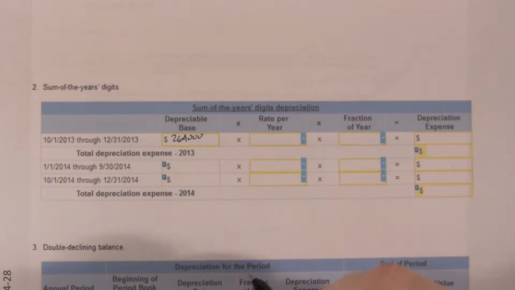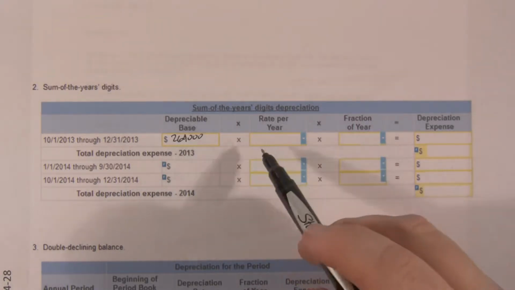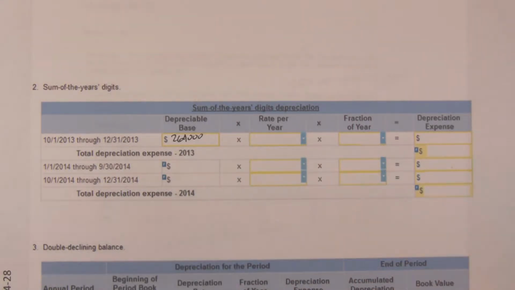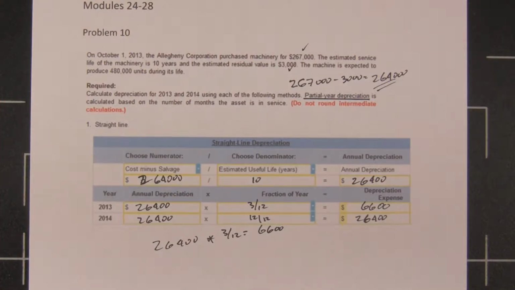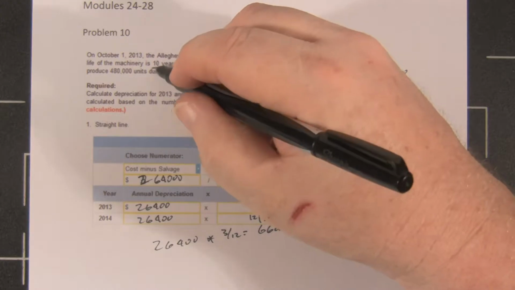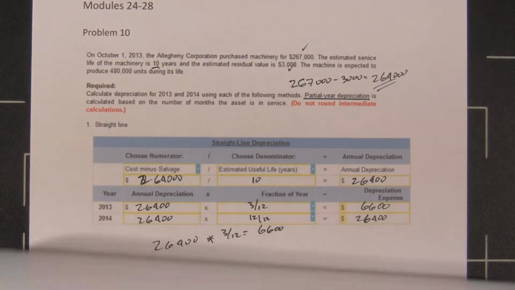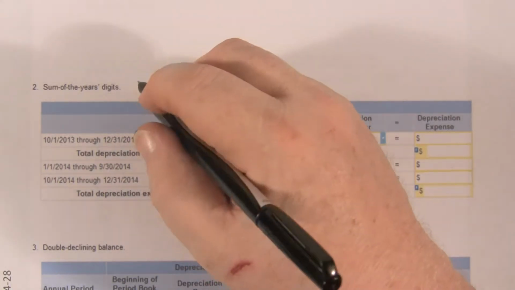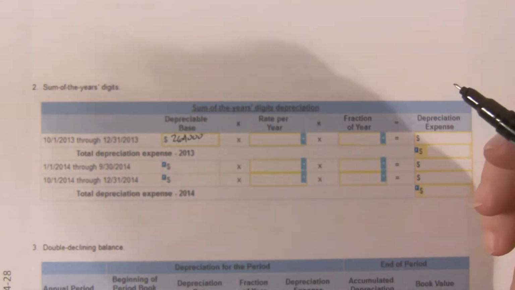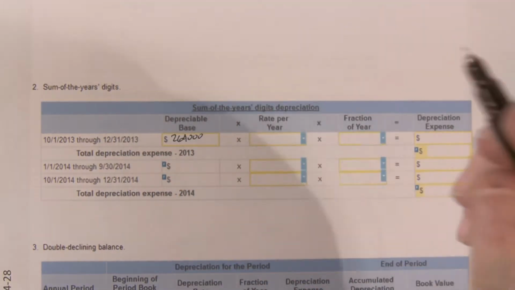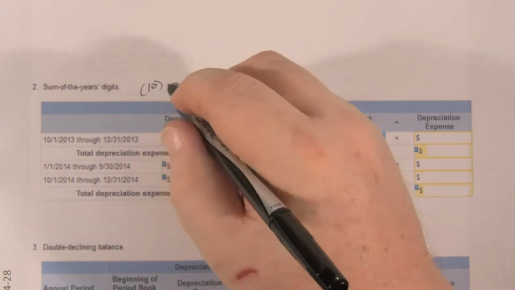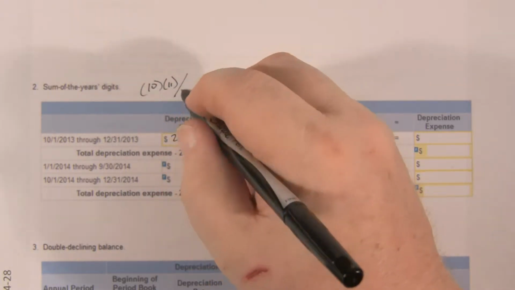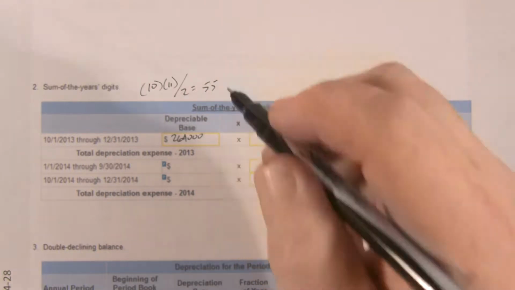But how many years was this asset? I forgot already. What's the life of this asset? 10 years. So to find the numerator, we have to take 10 times 11 divided by 2, come up with 55.